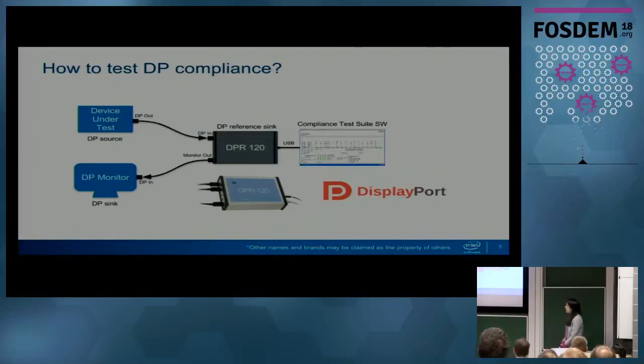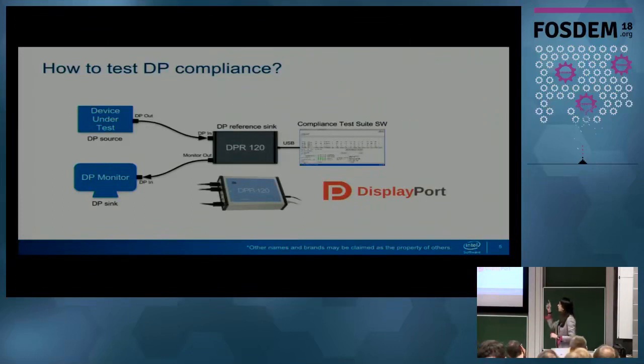So what was our plan for testing DisplayPort compliance? The plan was to use the third-party device DPR120, which is certified by VESA, to run the exhaustive compliance test suite, which makes sure that the driver is compliant with the specification. It basically acts as a reference sink device.